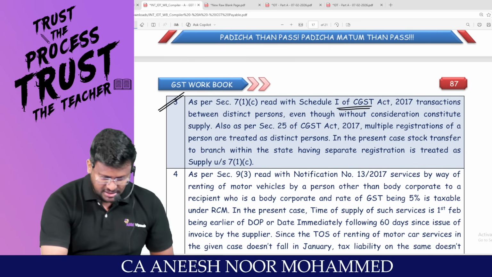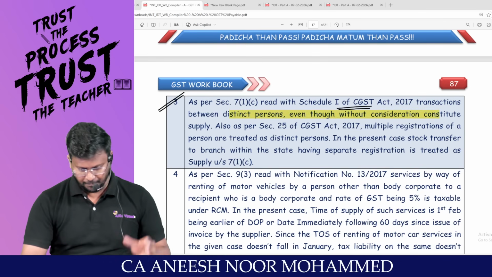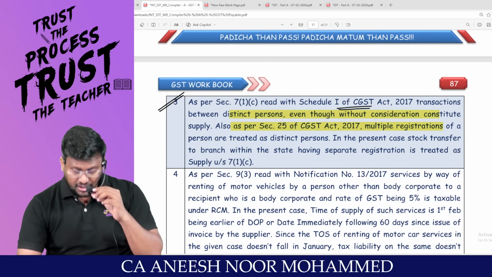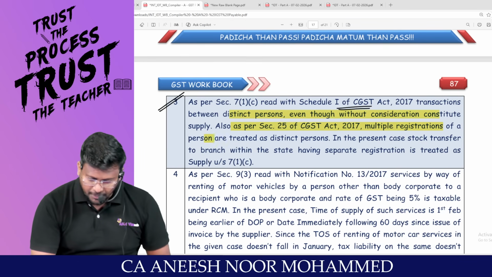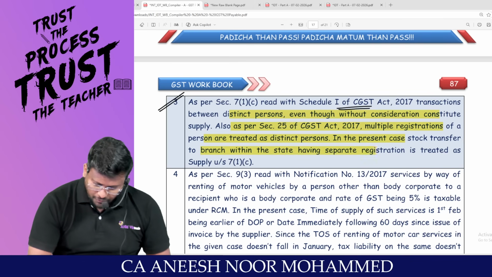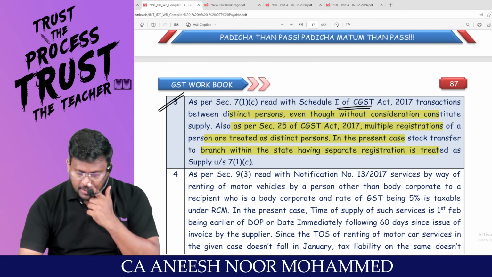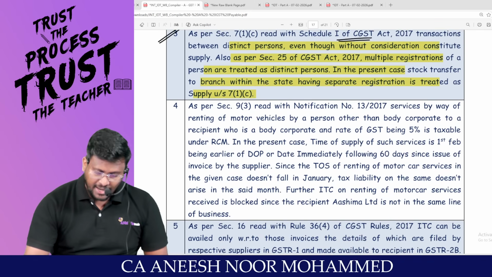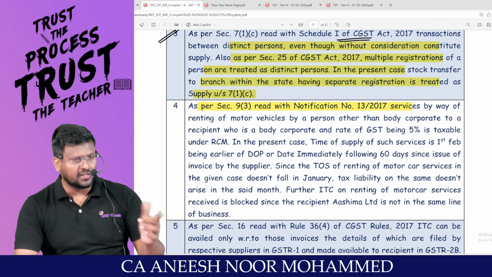Transaction between distinct persons, even though without consideration, constitutes supply. As per Section 25 of the CGST Act, multiple registrations of the person are treated as distinct persons. In the present case, stock transfer to a branch within the state having separate registration is treated as supply under 7(1)(c).